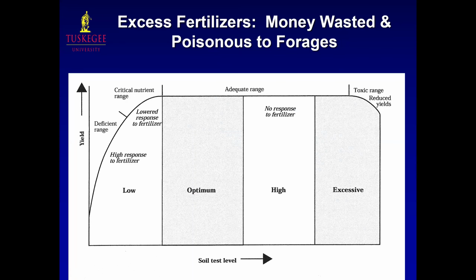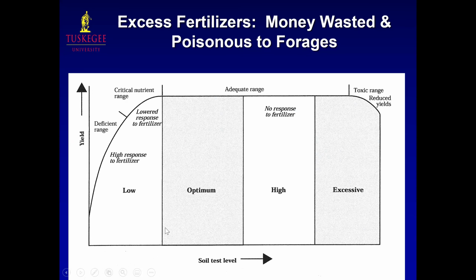Over this chart, we need to be mindful that too much fertilizer is bad and a wastage of money. Too much fertilizer is bad for the forages, and it is also a wastage of money and time. In this chart, you can see the vertical axis representing yield of the forages, and the horizontal axis representing the amount of fertilizer applied.